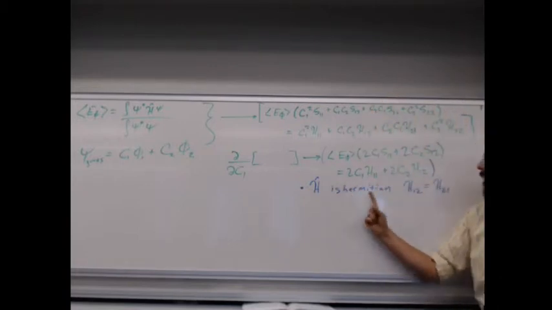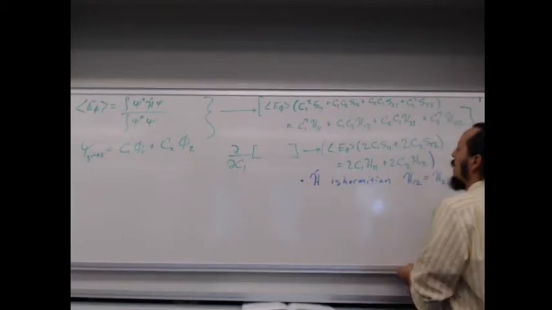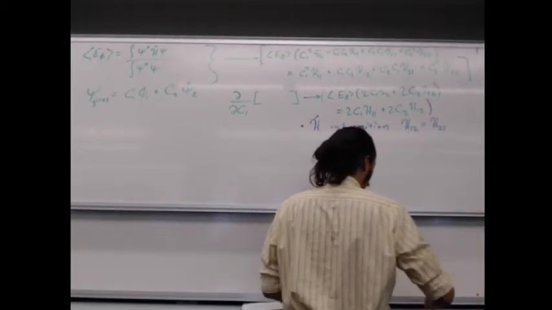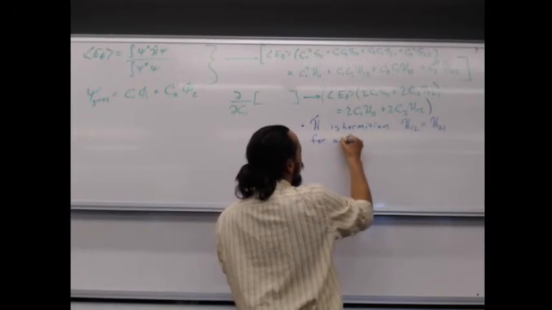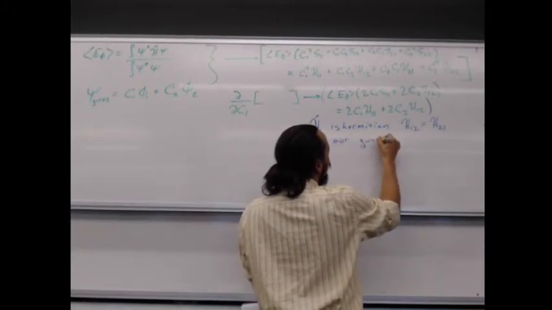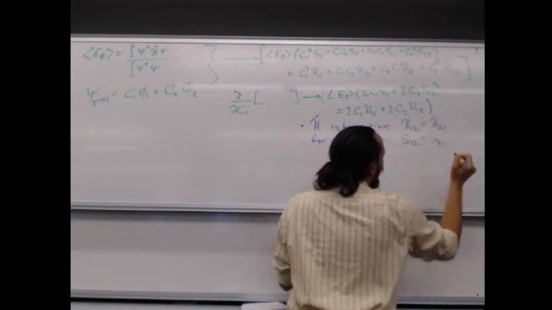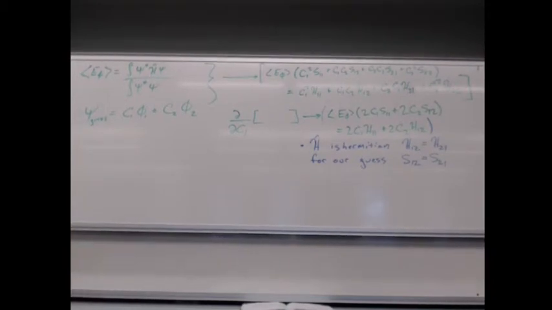One of the things we could do, though, is simplify the fact that H12 and H21 are the same if this is Hermitian. And we could do the same thing with the S integral, which we will be calling the overlap integral later on in this class.